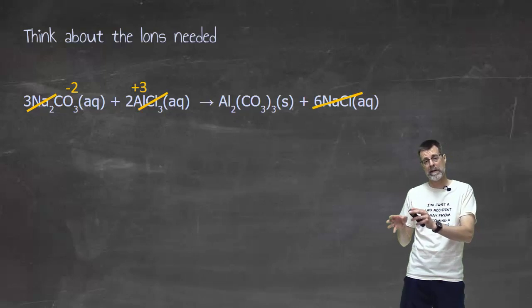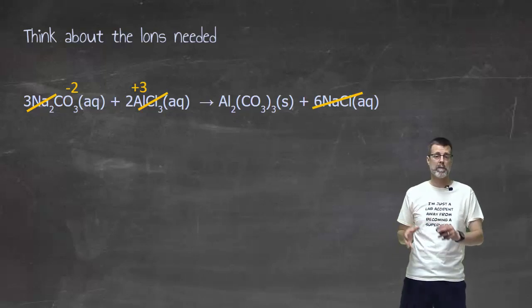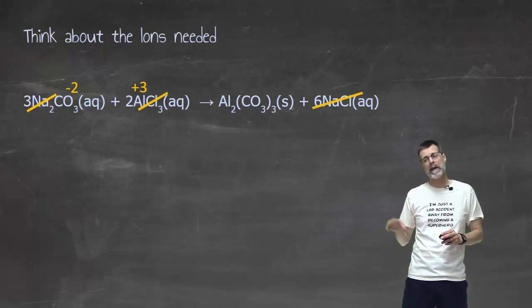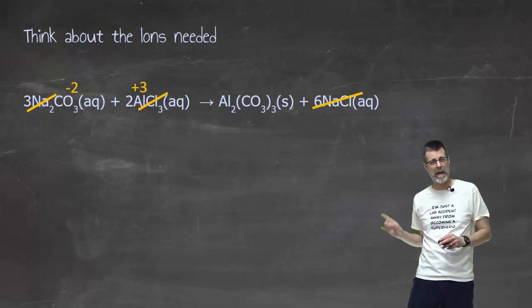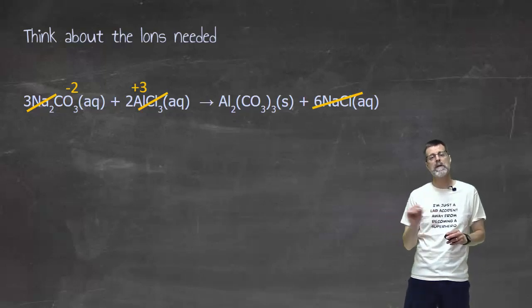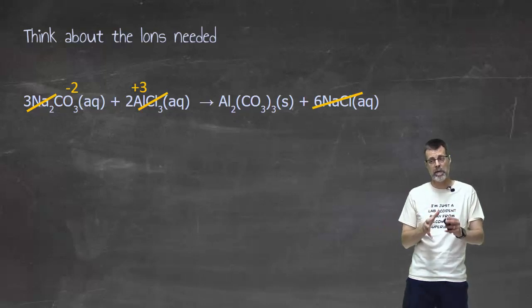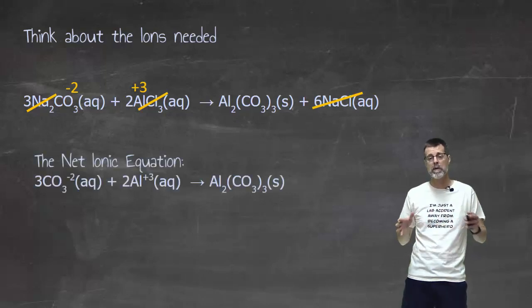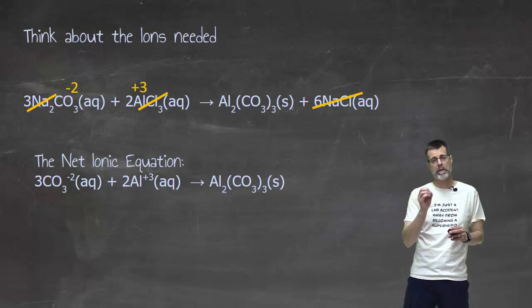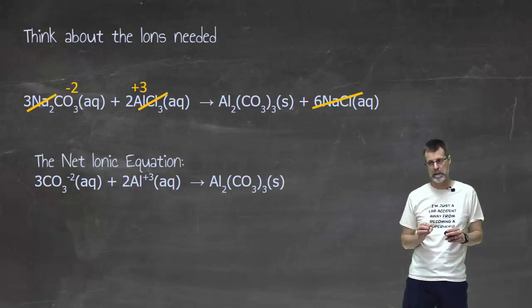I'm left with the ion of Al, aluminum, which is a +3 ion, and I'm left with the solid product on the other side. Now, I haven't really emphasized, but the 3 in front of the first reactant is still there. The 2 in front of the aluminum is still there. So when I go to rewrite my equation as a simplified version of the net ionic equation, I have this, where the balancing numbers tag along.